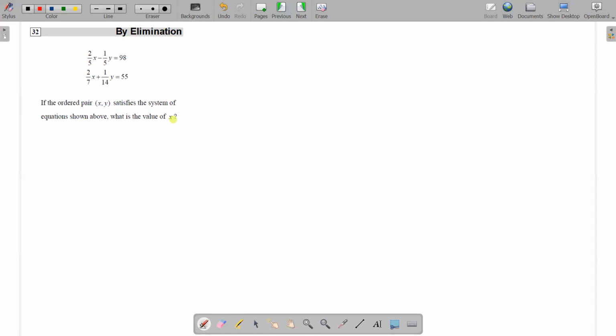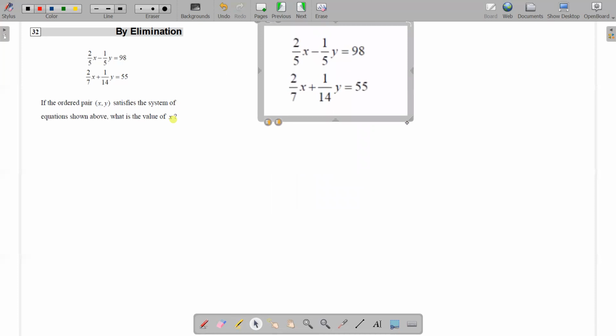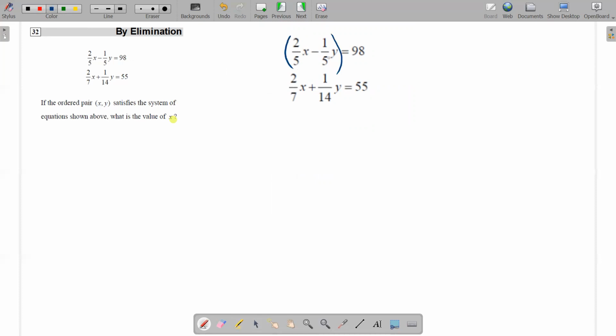Again, we don't need the slope-intercept format. I'm going to leave the equation in this format, but what I'm going to do is eliminate the fraction. How can I eliminate the fraction? By just using one of the properties of equality. In fact, I can find the least common denominator of the first equation, which is just 5.